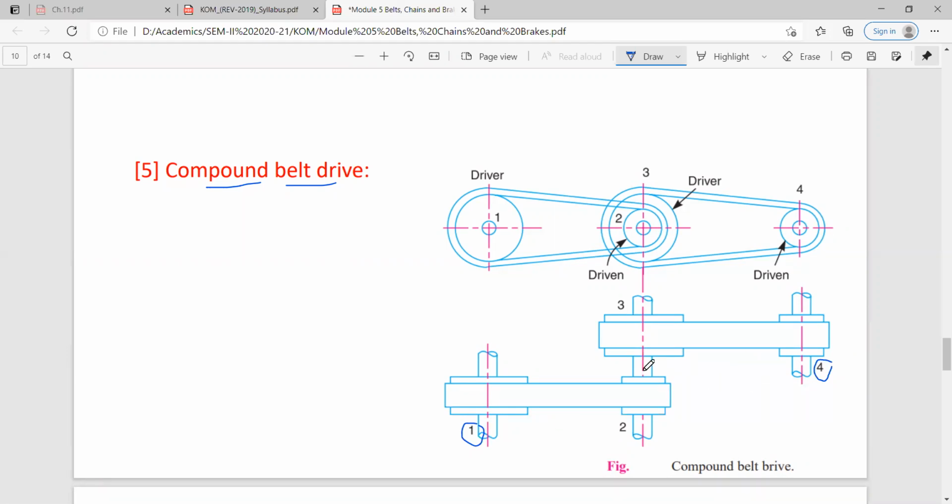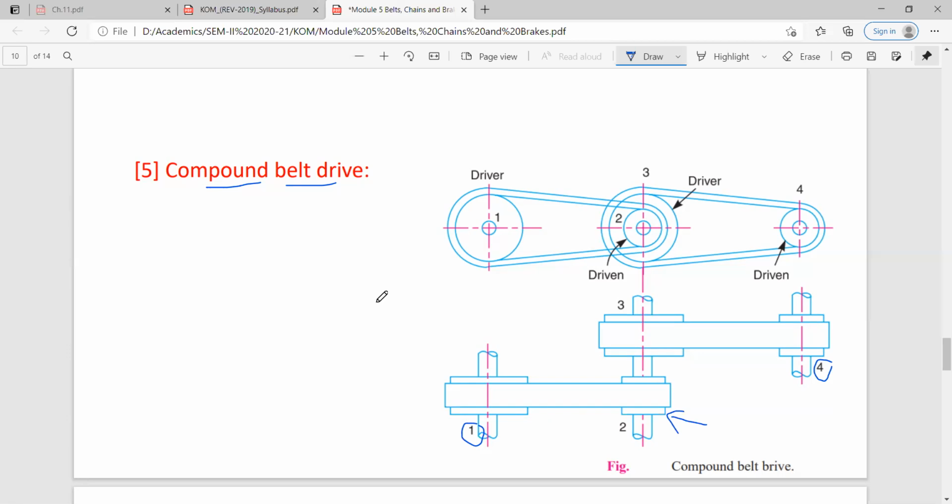So what you can do is use intermediate pulleys, and with the help of that you can transmit the power from shaft 1 to shaft 4. Such a kind of belt drive is called a compound belt drive. Again, compound belt drive is helpful to reduce the speed considerably.